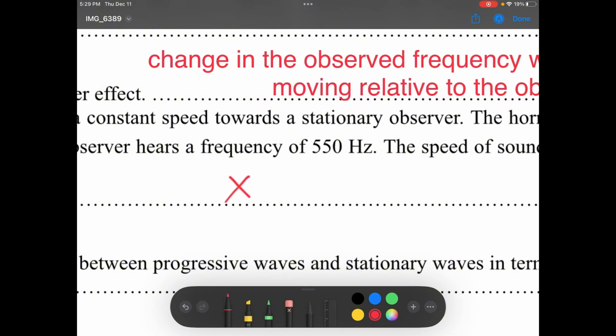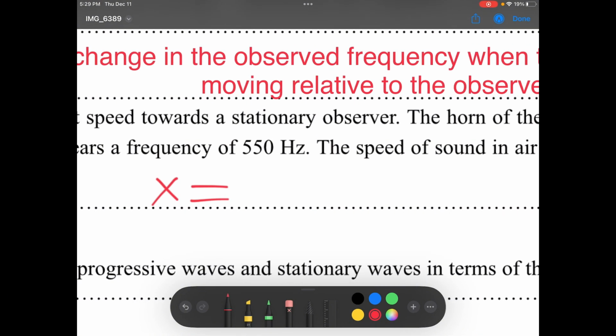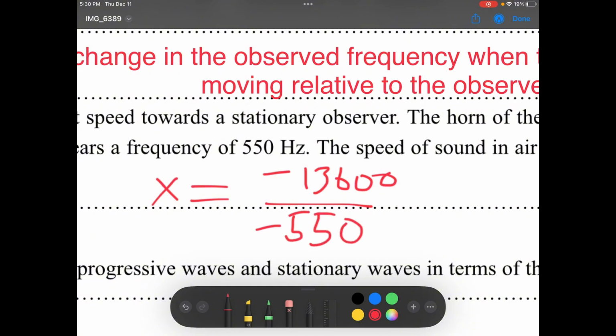Now make x the subject, which will equal negative 13,600 from 173,400 minus 187,000, it equals this, divided by minus 550.